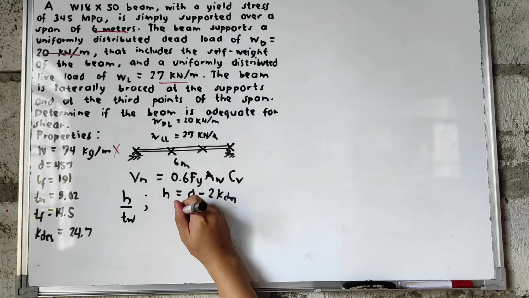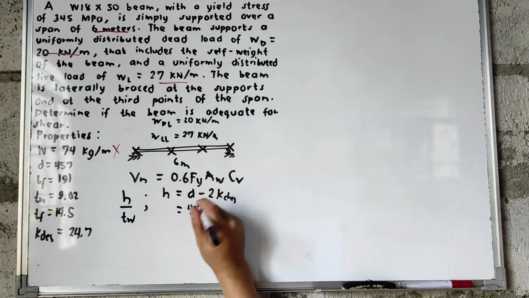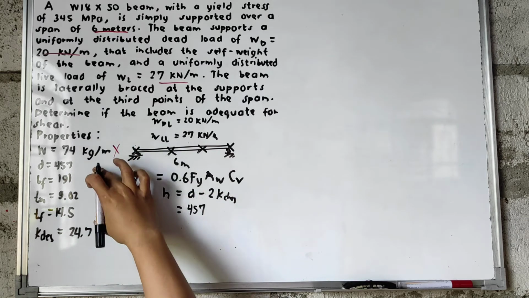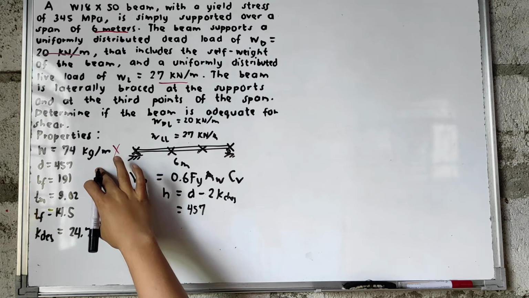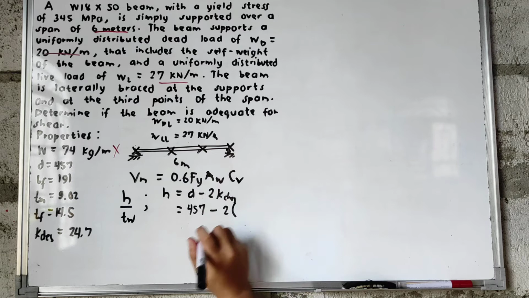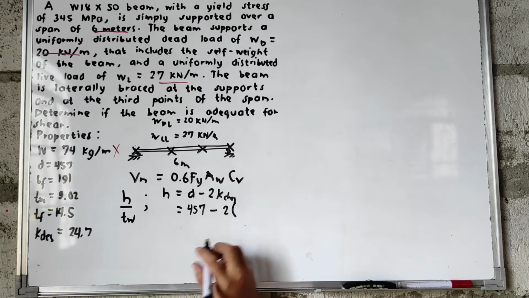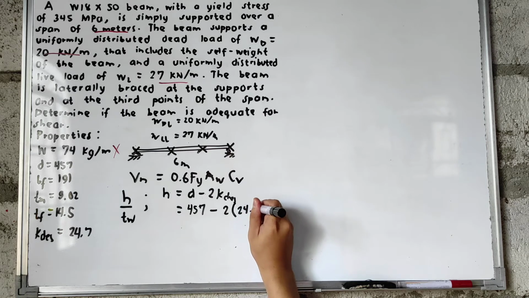So we have a total depth which is equal to 457. The complete properties of W18 by 50 nakalagay sa module natin. Minus 2 multiplied by k design. The value of your k design is 24.7.